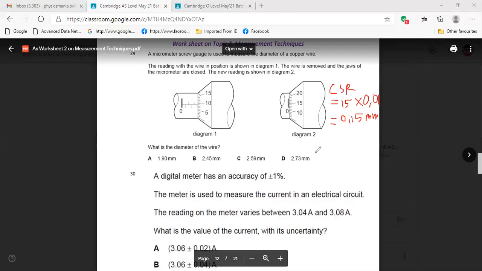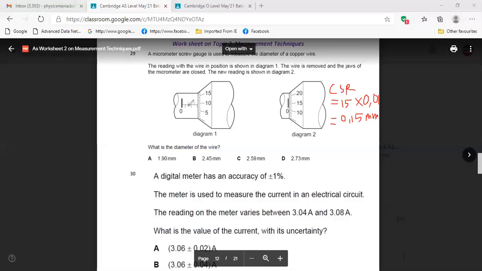Now here, what is the diameter? Okay, from here we can get it. Look, other than this CSR, circular scale reading, we have also the main scale reading. The horizontal line in the middle, above it we have lines. Those are in millimeters, 1 millimeter, 2 millimeters, this way.